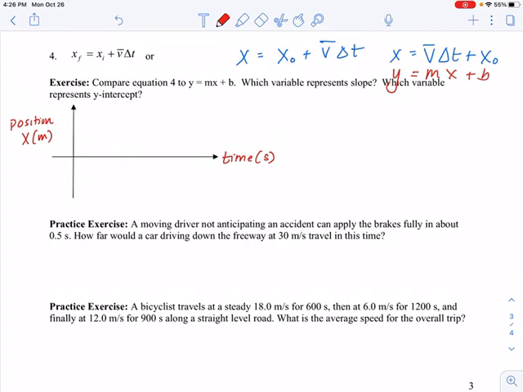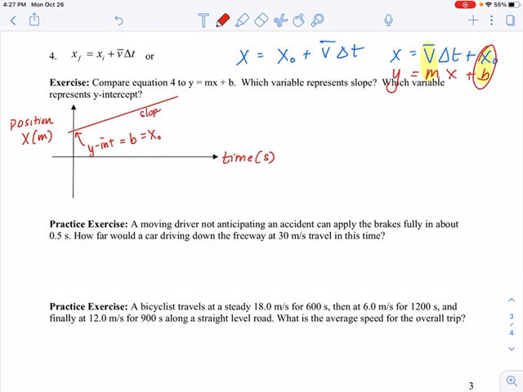What I see here is that slope is velocity, and y-intercept is initial position. So if I were to sketch on here, my y-intercept, otherwise known as b, is equal to initial position.